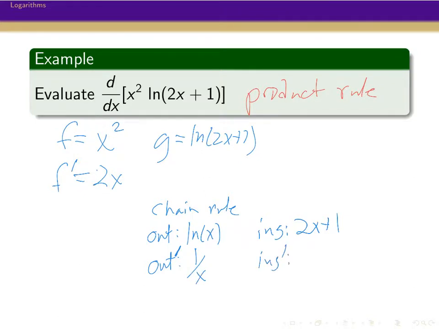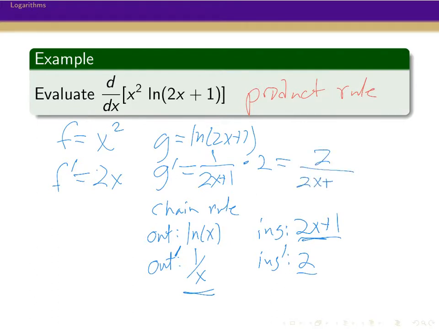Derivative of the inside here, derivative of 2x plus 1 is going to be 2 coming from the 2x, and then the plus 1 goes to 0. So it's just 2 there. So putting this together to get g prime, I've got my derivative of the outside with the inside plugged in, so 1 over 2x plus 1 times my derivative of the inside, which is 2. And so maybe we rewrite this nicely, like so.